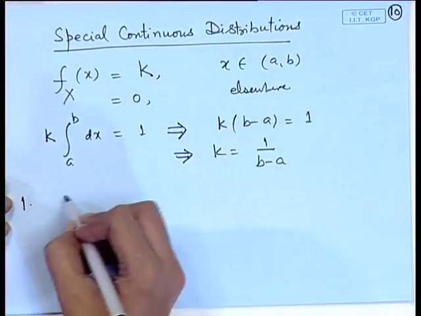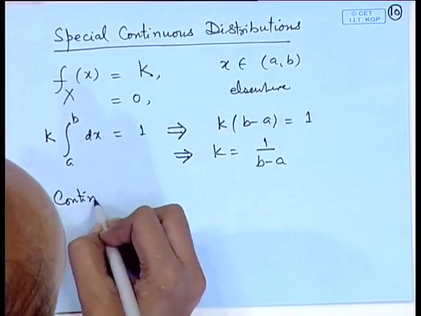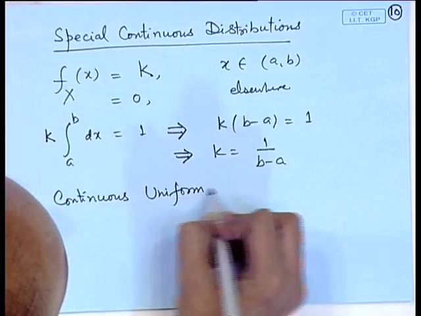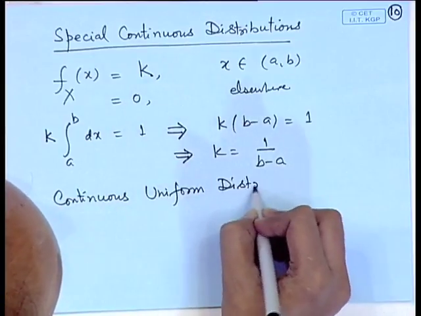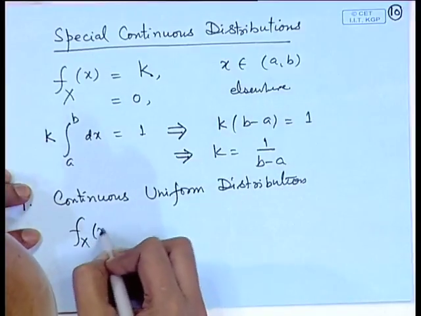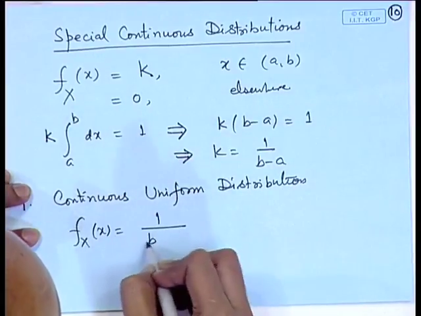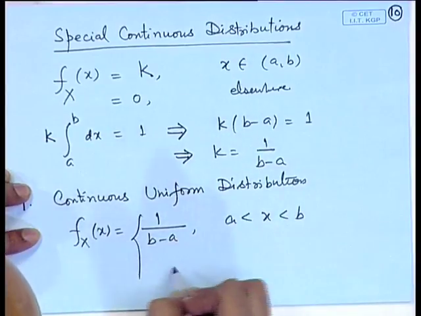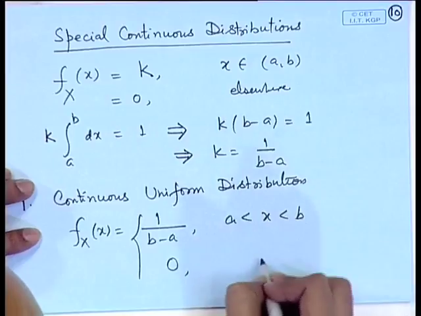So, a continuous uniform distribution has the probability density function given by 1 by b minus a for a less than x less than b, 0 for x lying outside this.